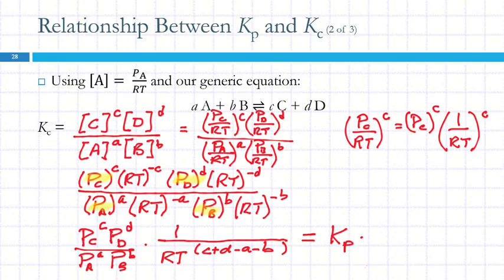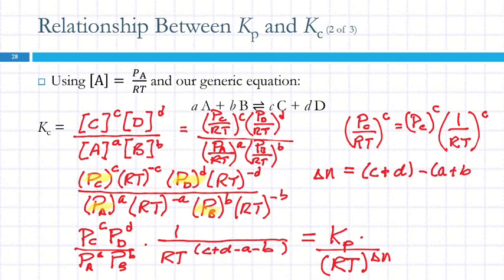So we call that delta N. Delta N is C plus D minus A plus B. The coefficients of the products minus the coefficients of the reactants.